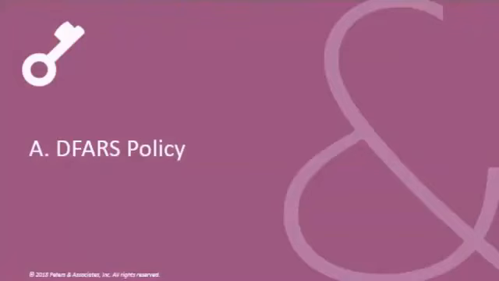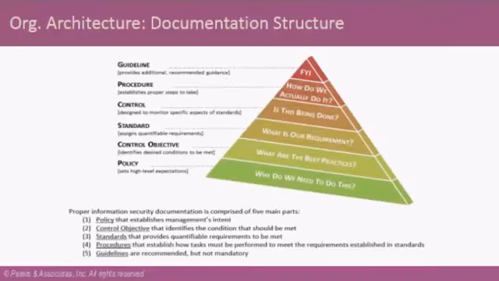So without further ado, let's dive in on the DFARS policy, or A, as one of the 5 areas. DFARS policy, again, the goal here is to differentiate policy from things you might have today.